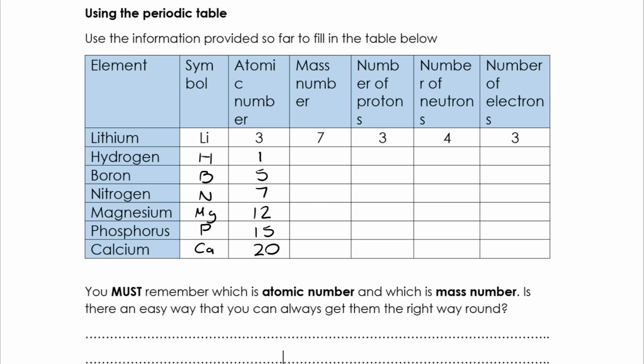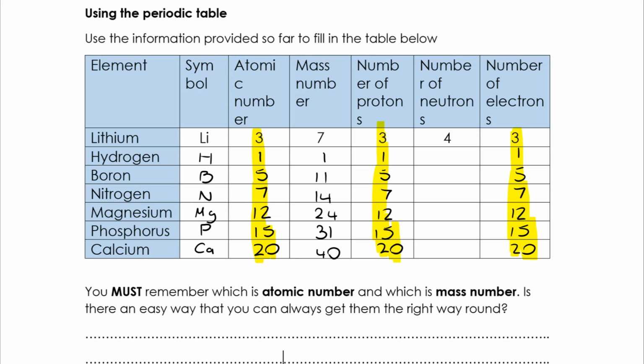And actually, I'm going to jump ahead and fill in 2 columns next, because I want you to see the 3 columns in yellow are identical to one another, because the atomic number is the number of protons, and in an atom, the number of protons is equal to the number of electrons. Now, from there, I am going to add in the mass numbers, again, direct from the periodic table.